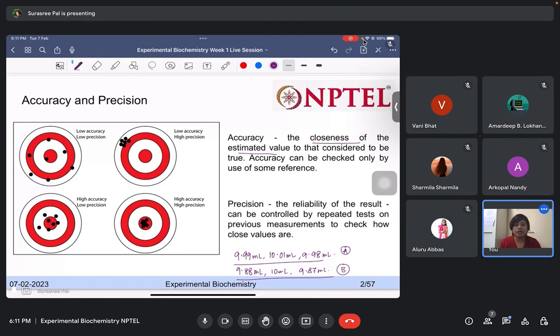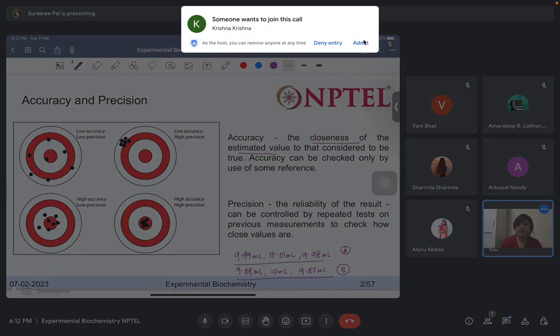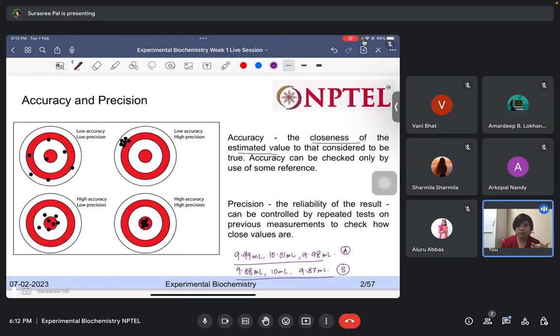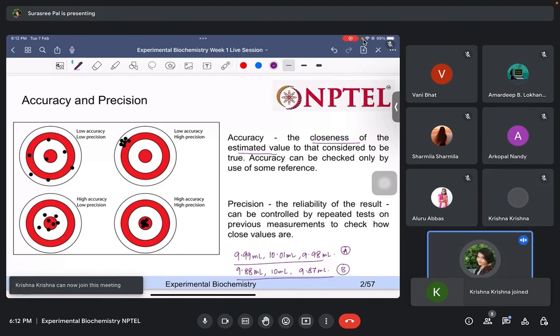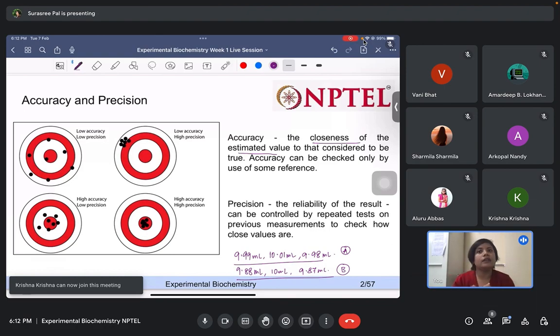When we are repeatedly taking measurements of one particular experiment, we have to check how close our values are, so that we can say that my experiment, or the data that I'm getting, is reliable. For the reliability of the result, the values should be close to each other. That is called precision.